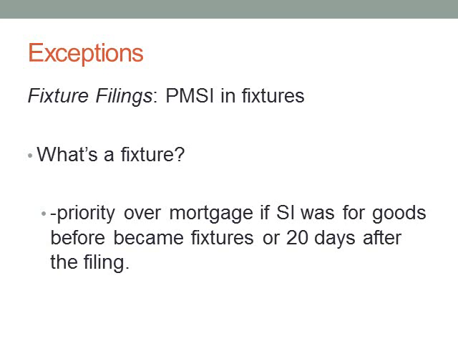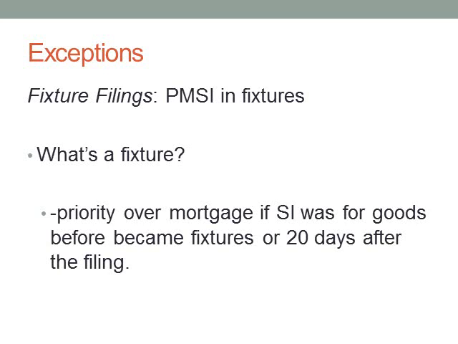So when we have a purchase money security interest in fixtures, they will take priority over a recorded mortgage if the security interest was for goods before they became fixtures, or if they became fixtures within 20 days after the filing.